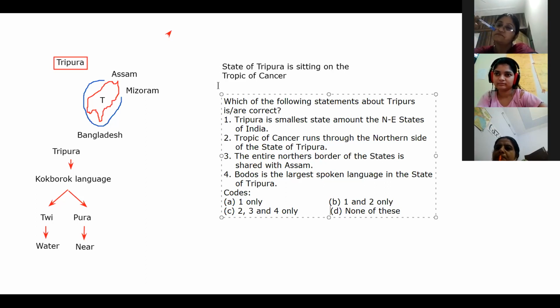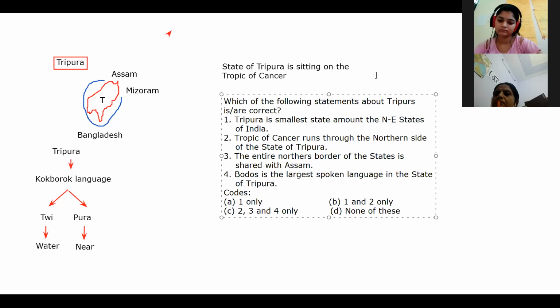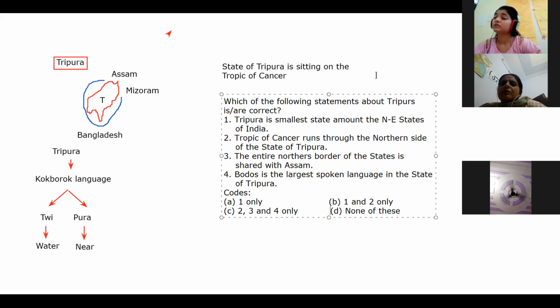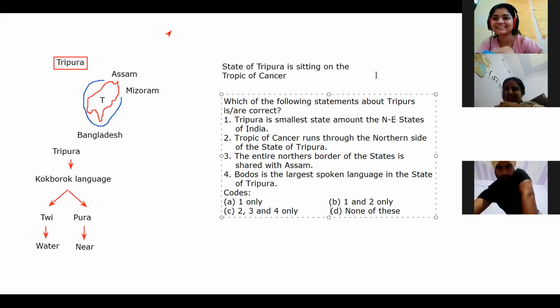Okay. So beta, see, the first statement: Tripura is the smallest state among the northeastern states of India. Do you know how many northeastern states are there? Seven sisters sir. Sikkim is also included then, sir.